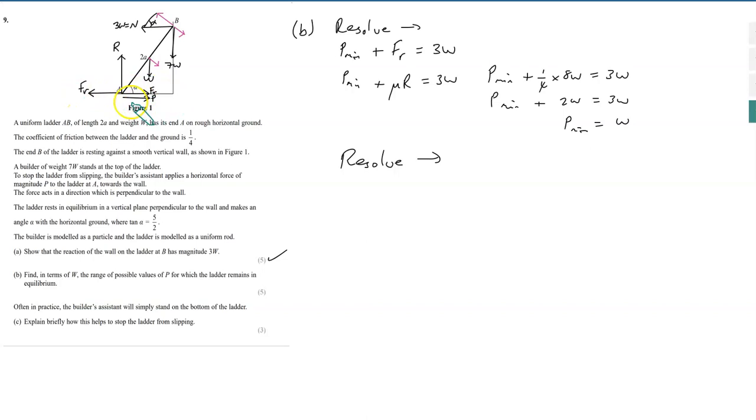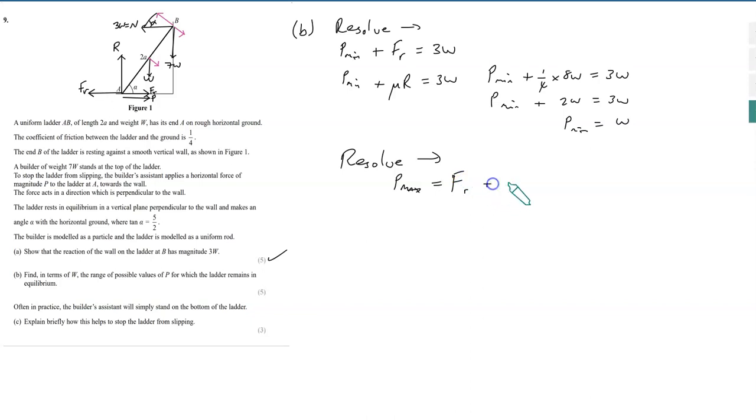So P is obviously in the right direction, but it's a maximum force now. So that's the maximum force P would be making before the ladder starts moving, or it could actually be moving at constant speed. But that's neither here nor there. We're just going to assume it's about to start moving.